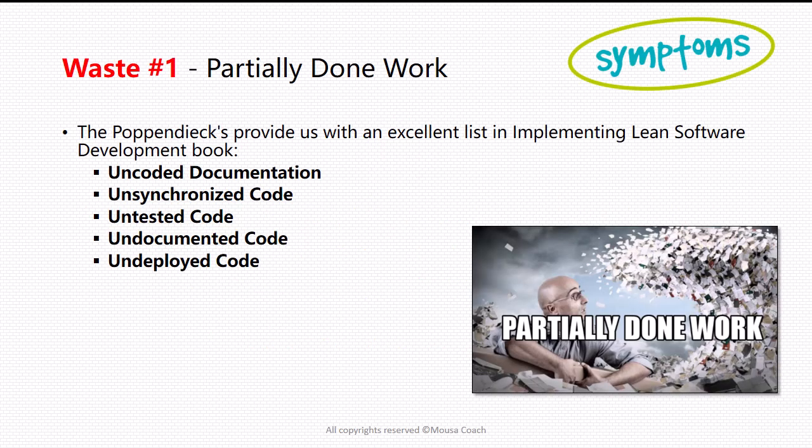Symptoms of partially done work. Partially done work has common symptoms in every development organization. For example, uncoded documentation. Every document that describes requirements, features, stories, and so on that is documented far in advance of the development process will quickly become obsolete, forcing this work to be repeated before value is delivered to the client.